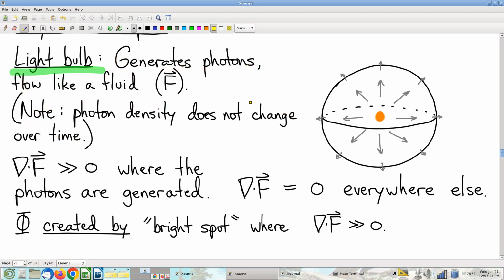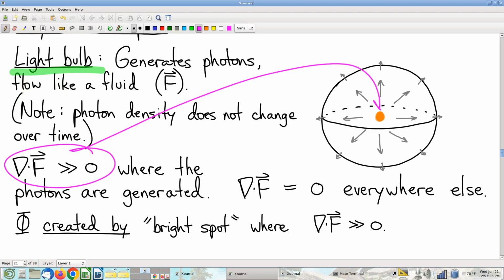Okay, so let's imagine what would happen if we were to take the divergence of this vector field, this flow of photons. I claim that if you were to compute that divergence at the location where the bulb is, you'd find that divergence is really high. And this communicates a fantastic piece of information.